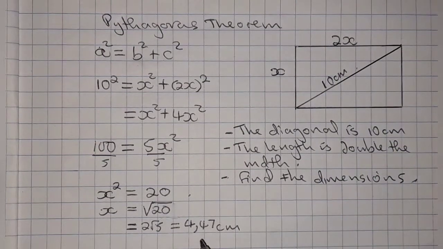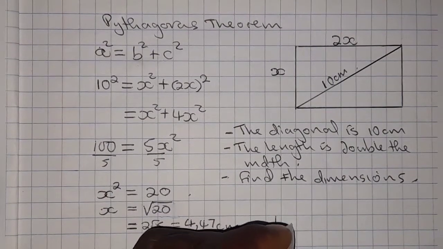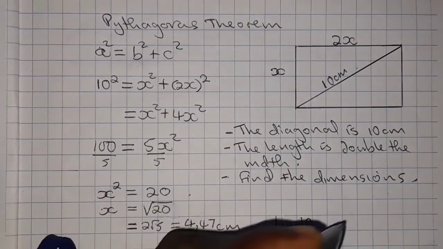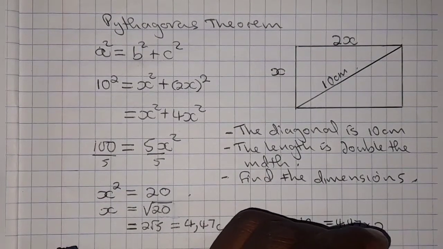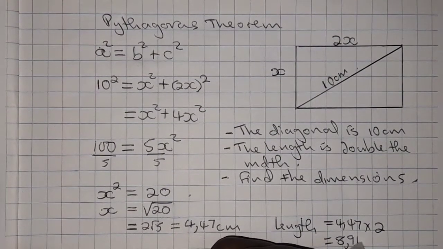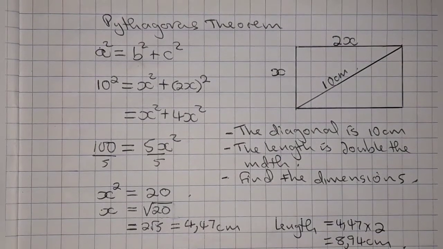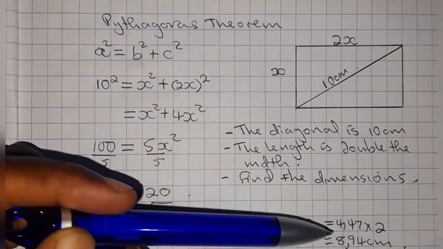So to get the length, it's a matter of doubling or multiplying this by 2. If we do that, our length will be equal to 4.47 multiplied by 2, which is equal to 8.94 centimeters.